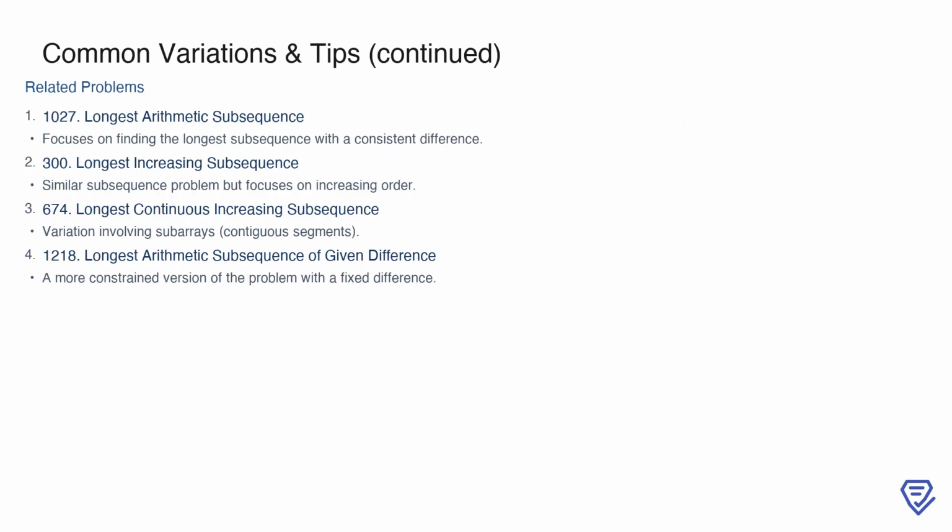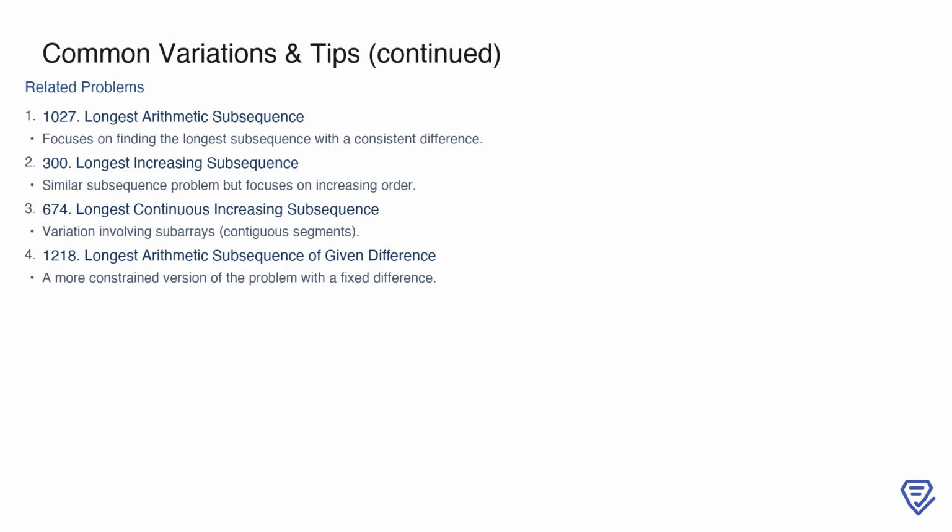This problem also connects to several related problems that can help you deepen your understanding of similar concepts. Problem 1027, the longest arithmetic subsequence, is a classic example that focuses on finding the longest subsequence with a consistent difference, much like this one. Problem 300, the longest increasing subsequence, is another variation but focuses on maintaining an increasing order instead of a fixed difference.